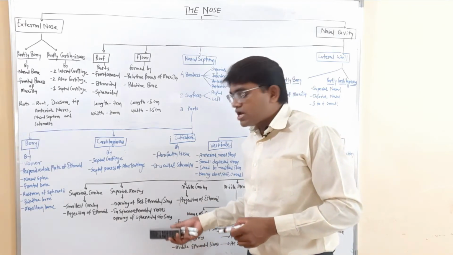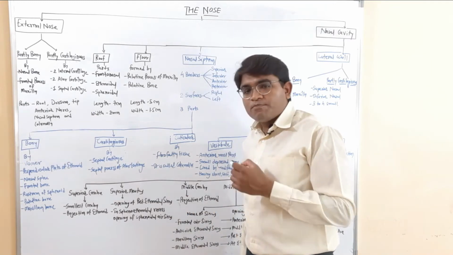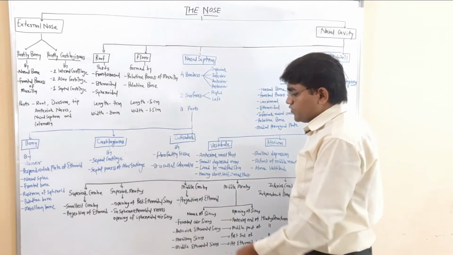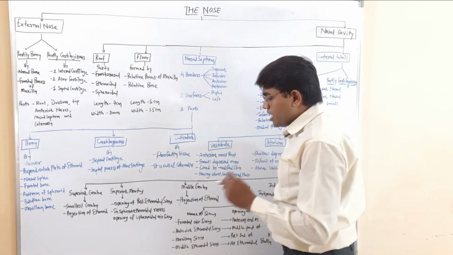Okay, the sphenoethmoidal recess is a depression on the supero-posterior side of this superior meatus, and here the sphenoidal air sinus opens into this sphenoethmoidal recess.